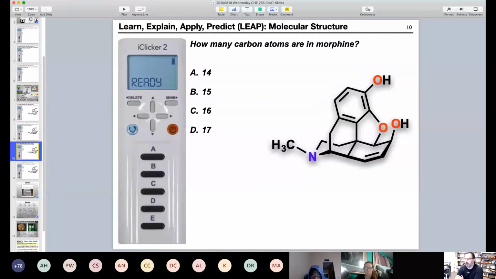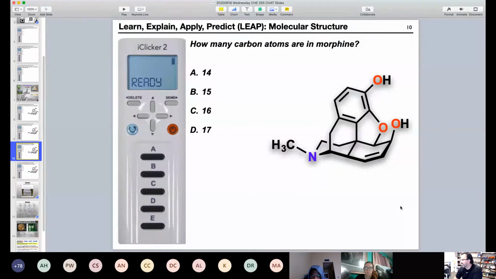Pain relievers will hit some sort of receptor, wherever that receptor is located. The molecule has a shape, the receptor has a shape, they dock together, and that relieves the pain signal.